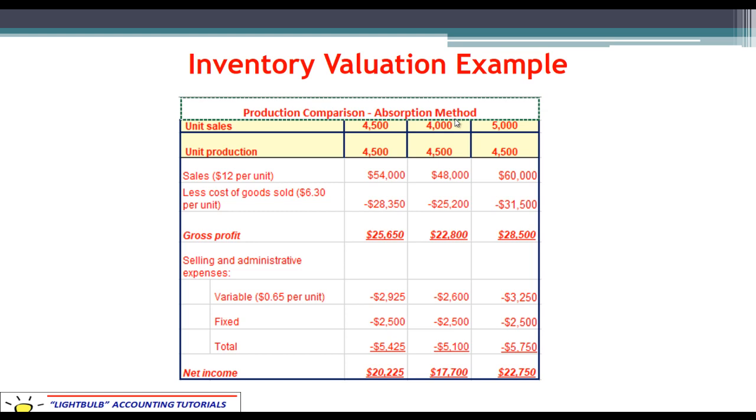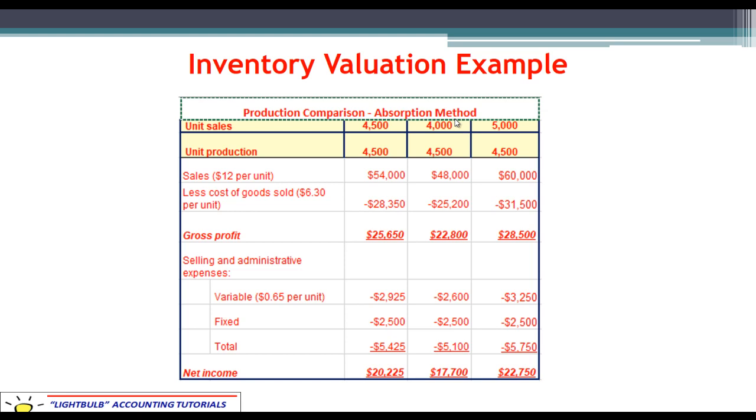So now what's happening is that for 500 of those units, we have the fixed manufacturing overhead that's not being considered as an expense yet. In fact, none of the cost of goods sold for those 500 units is considered an expense. It's going to be considered an asset until we sell it.